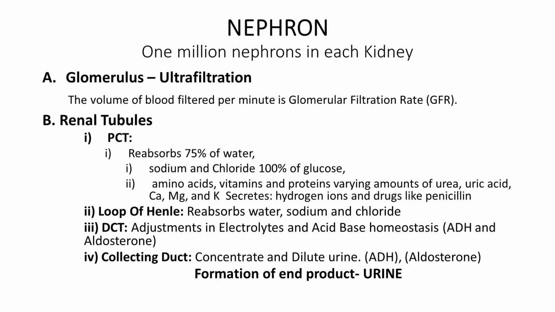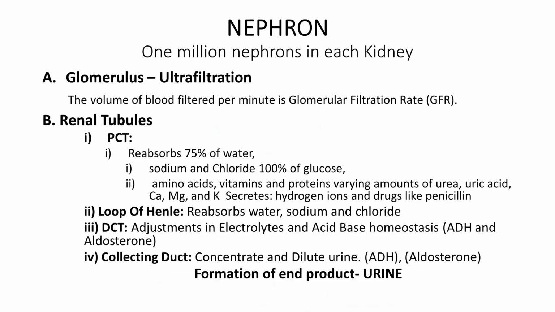As we know, there are 1 million nephrons in each kidney, each an independent functional unit. Each nephron has a glomerulus, which filters the blood; this is called the glomerular filtration rate. Then there is reabsorption in the proximal convoluted tubule, almost 75% of water, sodium, glucose, and amino acids, mainly in the proximal convoluted tubule.